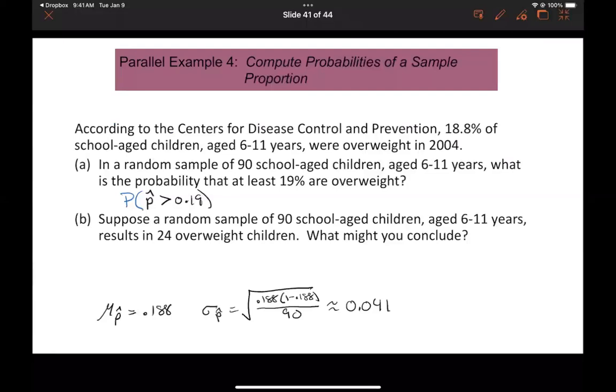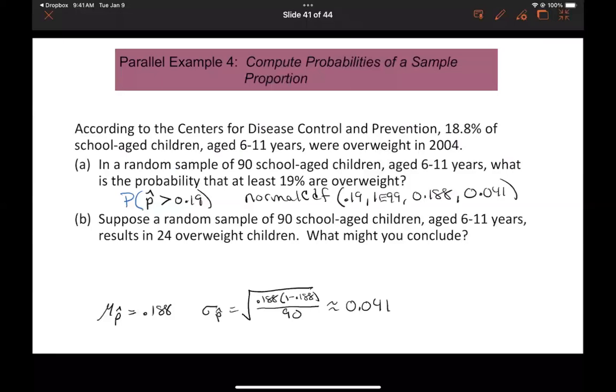One of the nice things about this is most of the time when we're dealing with proportions, we can't use normal CDF, but since we've converted it to sampling distributions, now that we have a mean and standard deviation, we can actually use normal CDF. And I want at least 19%. So I'm going to do 0.19 to 1E99, then 0.188, and our standard deviation is the number I just calculated.